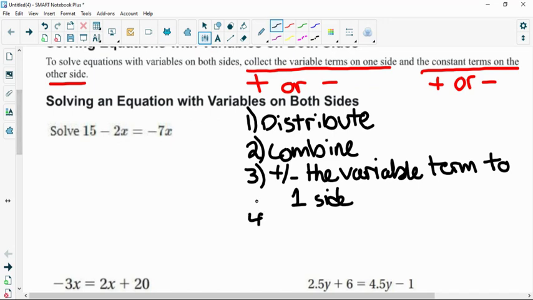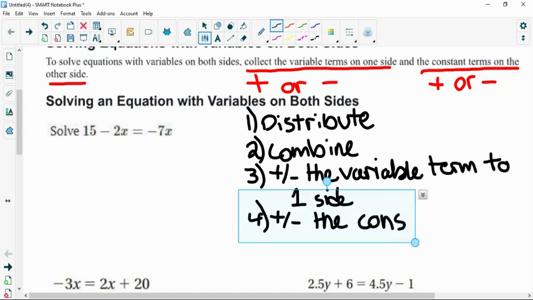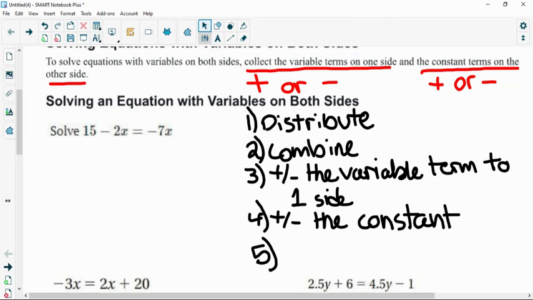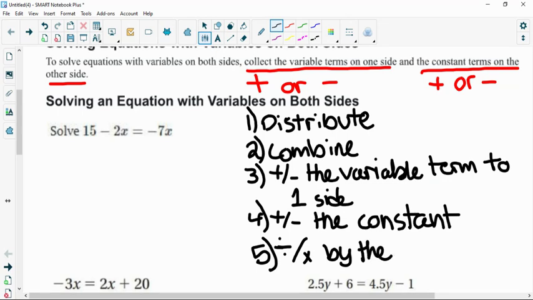Once the variables are all collected on one side, then we do the same with the constant. And then we can complete our equation by dividing or multiplying by the coefficient.